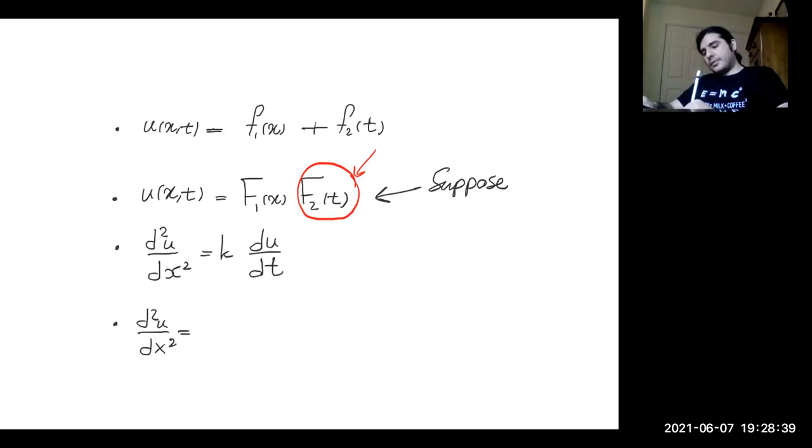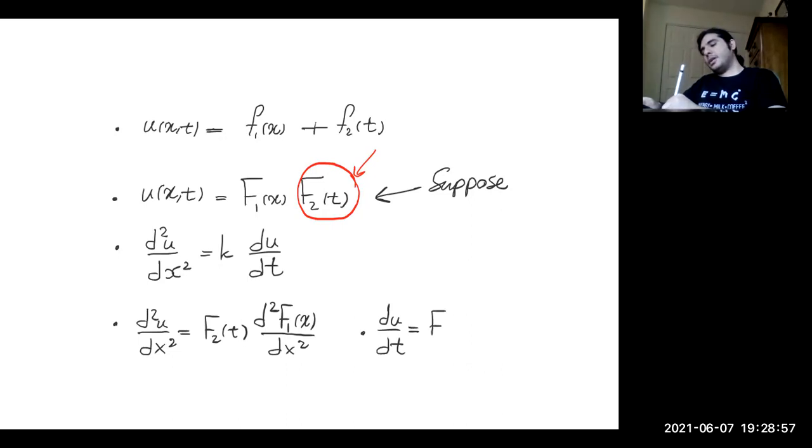So we would get f2 of t, just like a constant, times the second derivative of f1 of x with respect to x. And completely similar to this one, the derivative of u with respect to t would be f1 of x times the derivative of f2 of t with respect to t.